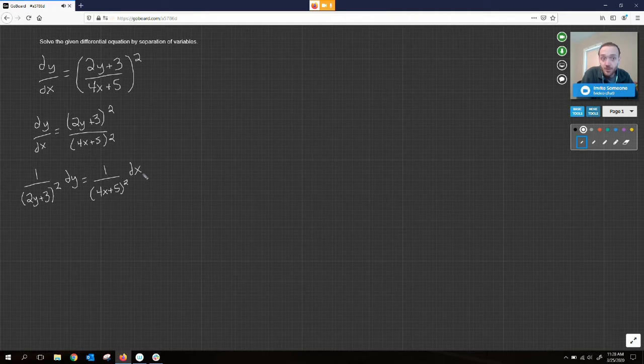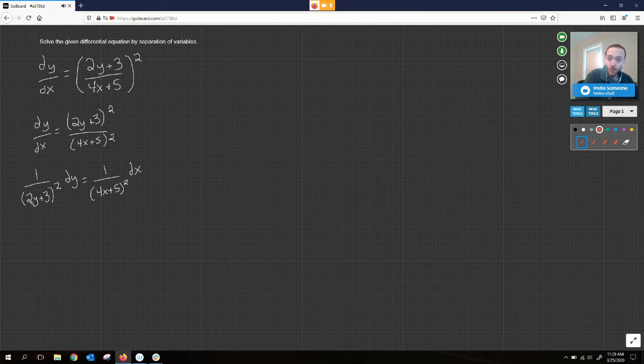But again, I can't just do a simple, straightforward integral because these aren't the more elementary, basic antiderivatives we could solve. So looking at this, we've got to think, what can I do?